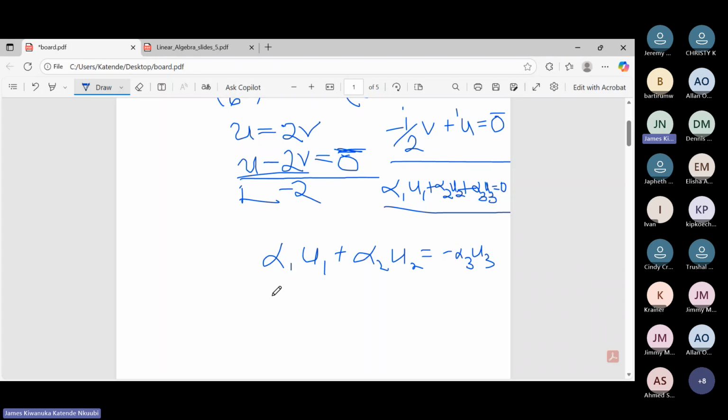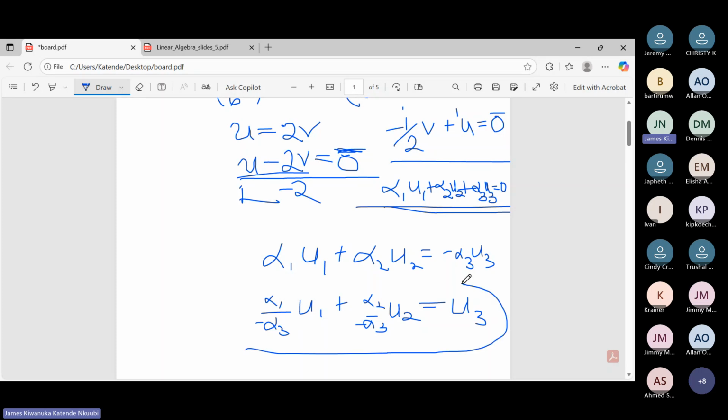So here I will have alpha 1 over negative alpha 3, U1, plus alpha 2, again divided by negative alpha 3, and this time multiplied by U2, this will be equal to U3.